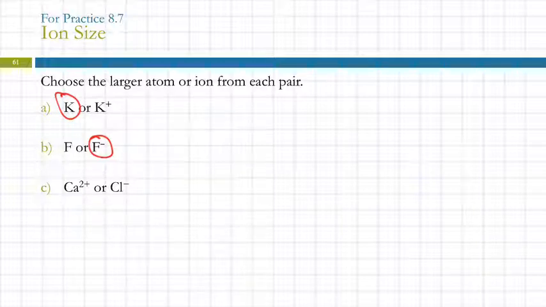Okay, so now these two, this is a little trickier. We've got a cation and an anion, so we might just think, well, let's just pick the anion because that one must be bigger, but we need to be a little bit careful. So calcium and chlorine, turns out, are isoelectronic with argon. Okay, so then we can compare them. So which one's going to be bigger?